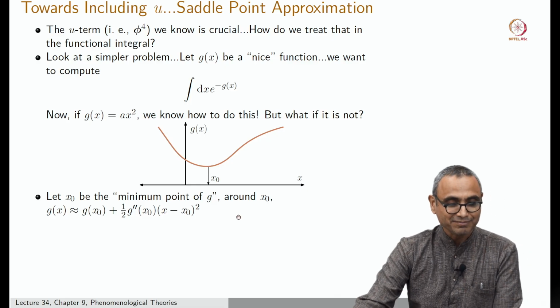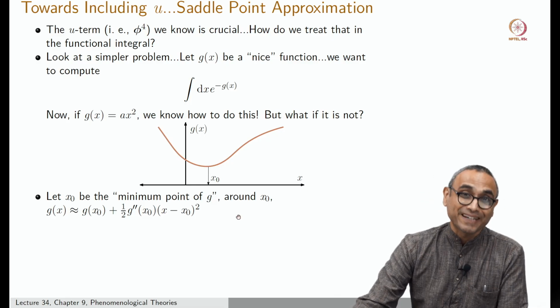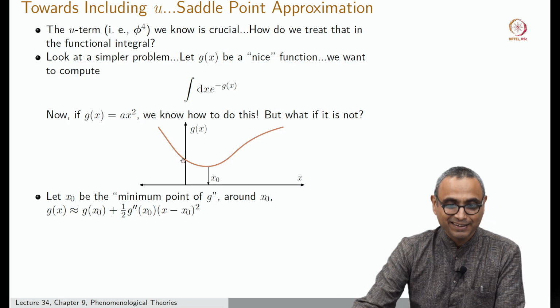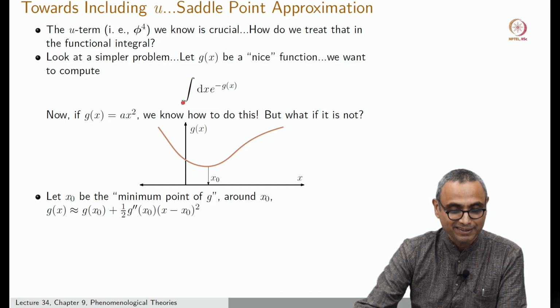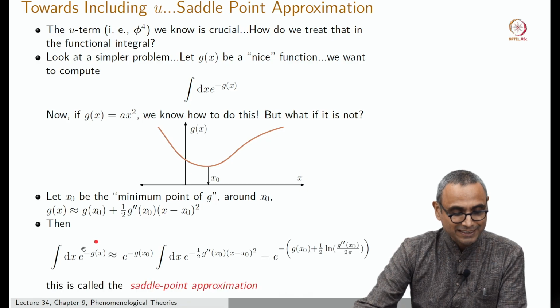So what I'm going to now pretend is that this function looks like a parabola around this value. I'm just going to approximate.